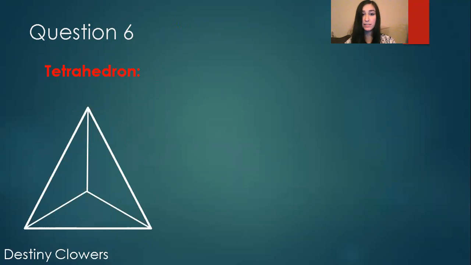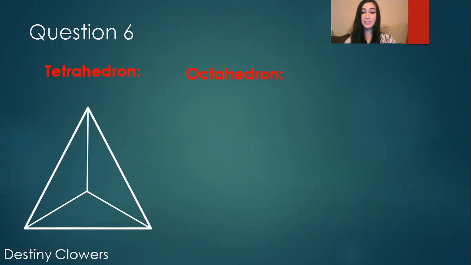It always means 4. It's universal. So that's how you know it's going to have 4 faces. So let's go ahead and count those just so we can prove that this is truly a tetrahedron. So we've got this face right here, which is 1, this one, this one right here, and then this whole face right here. So that equals 4. So that's how you know this is a tetrahedron.